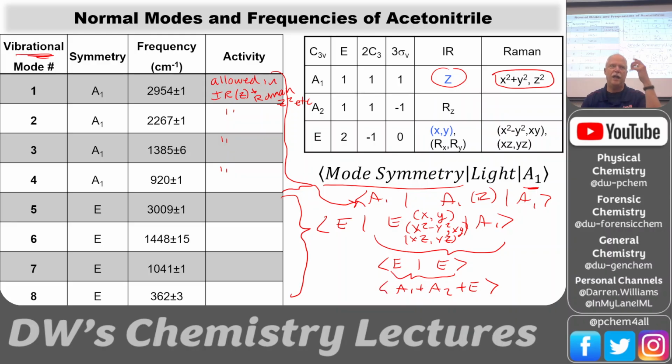E times E is A1 plus A2 plus E. You'll see that in the direct product tables. But here's the thing, it contains A1. Not equal to 0 alone. So these are also allowed in the IR and Raman.